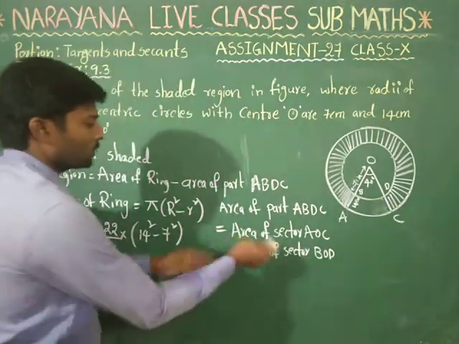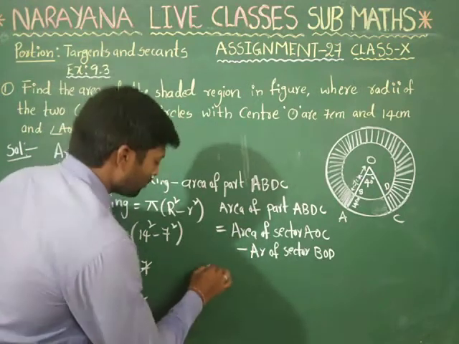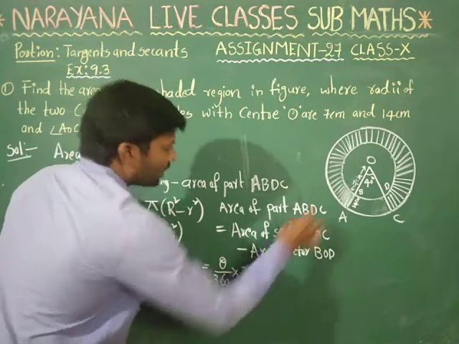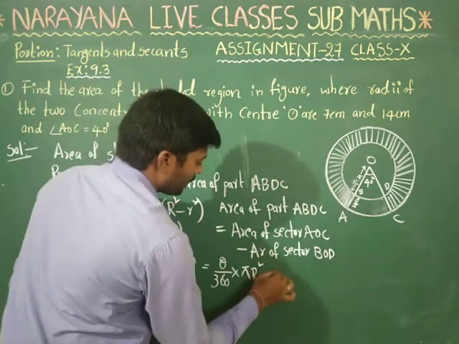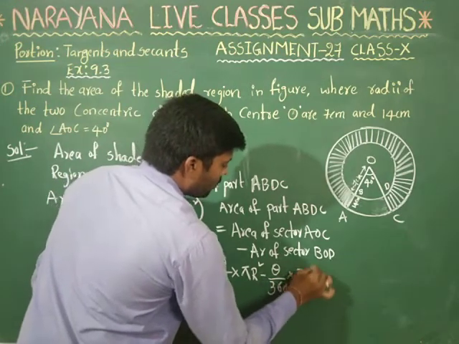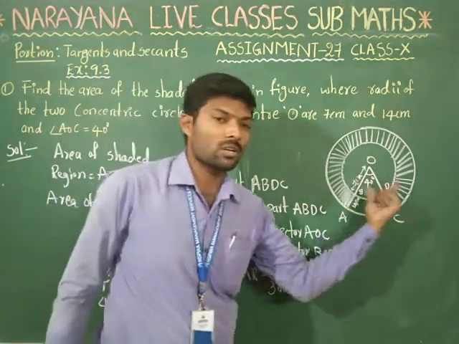Now we have to find these two. The area of a sector is theta by 360 into pi R square. So it is theta by 360 into pi capital R square minus theta by 360 into pi small r square, where small r is the radius of the smaller circle.